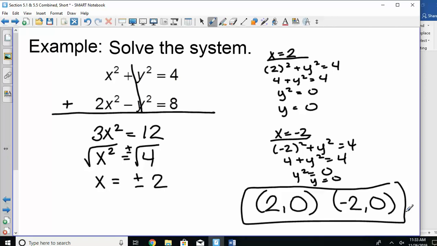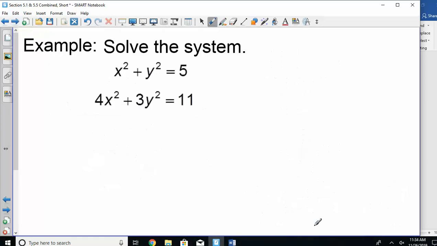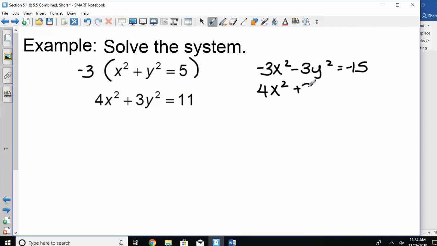Let's do one last problem. Top 1 times -3. Add those, the y squareds drop.